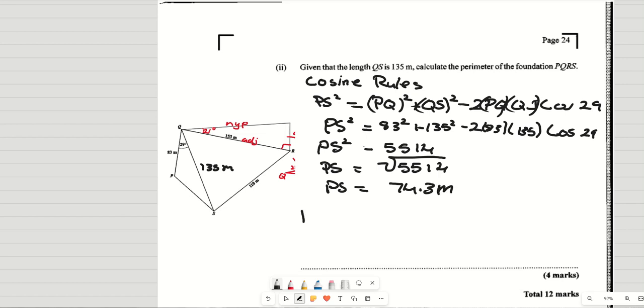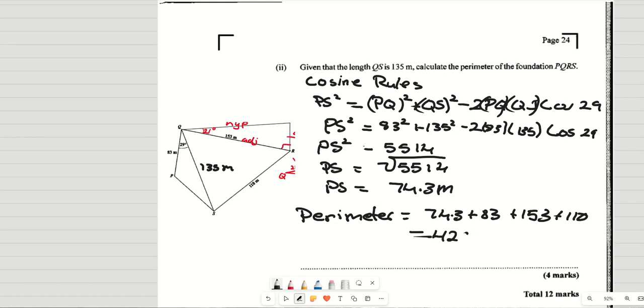Now my perimeter would be equal to 74.3 plus 83 plus 153 plus 110. When you add all of this up, you'll get 420.3 meters, and that is how you would do this question.